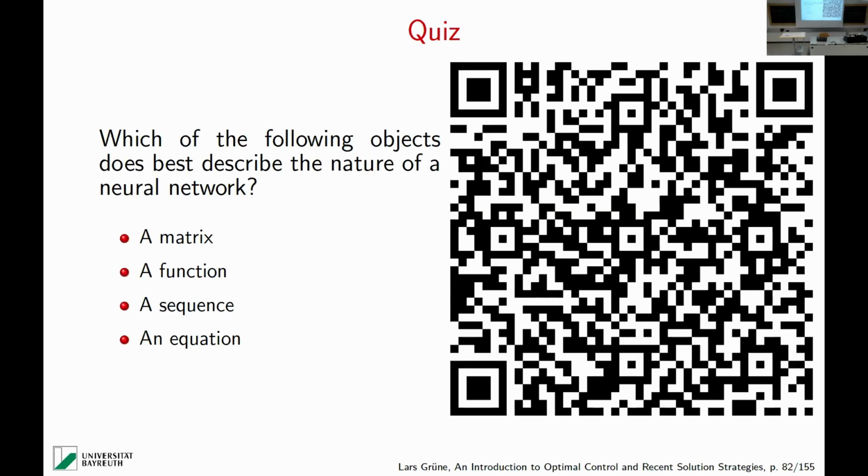I would like everyone to participate. If you know what a neural network is, very well. If you don't know, just guess what might be true. The question is, which of the following mathematical objects does best describe the nature of a neural network? Would you say it's something like a matrix, or maybe a function, or maybe a sequence, or maybe an equation? What do you think does best describe what a neural network does?